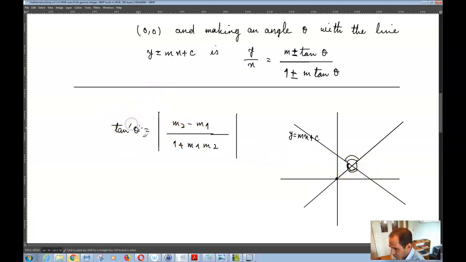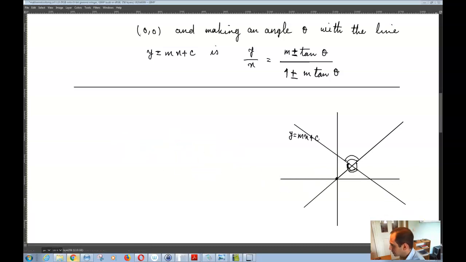So the same tan theta comes over here and it adds up to this formula. So then I suppose this theta over here is the acute angle between these two lines.